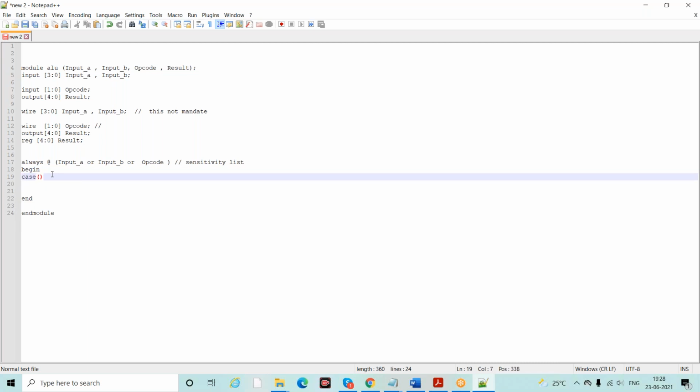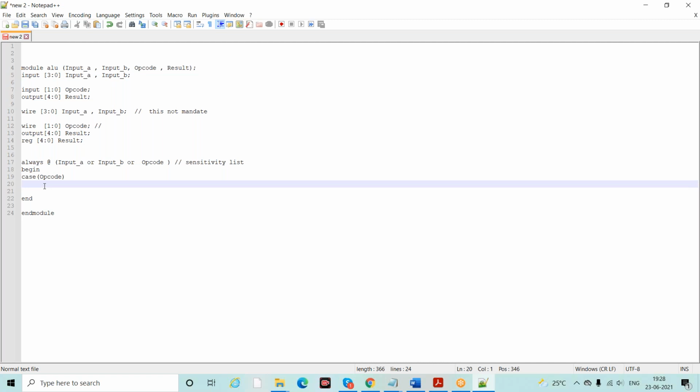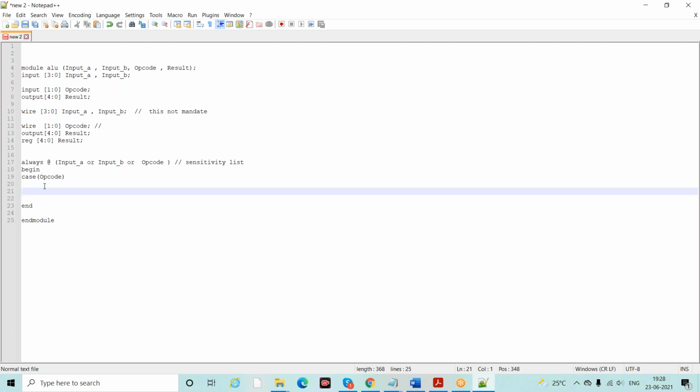Yes, I will write it. Opcode. See, because I am going to put 4 possibilities, no? 4 possibilities, so I will take the case statement. In case it is 2, we can go for if else. So now I am going to write 2'b00.